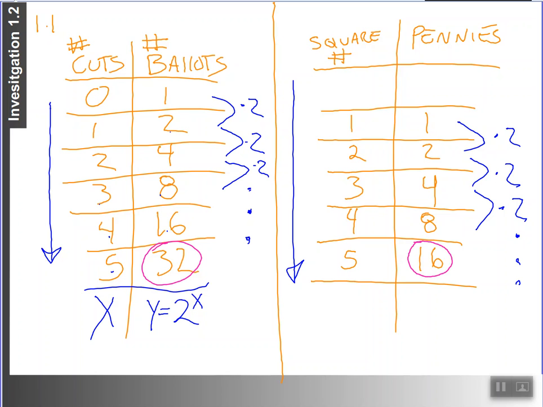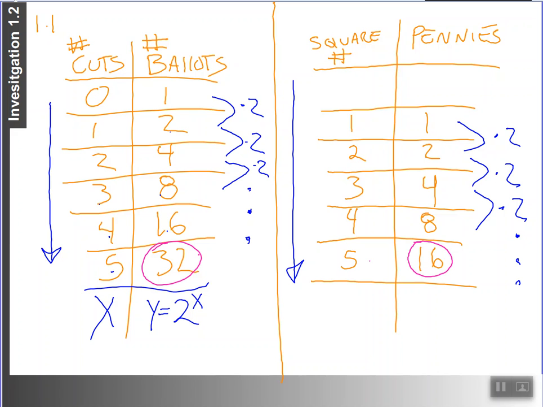So there are 16 pennies on the 5th square, but on the 5th rip or cut, there are 32 ballots. What is the connection between 32 and 16, Miss Lauren? 16 is half of 32.